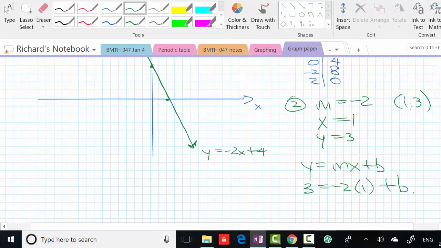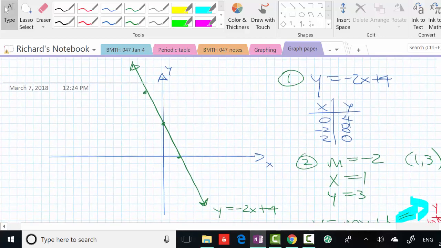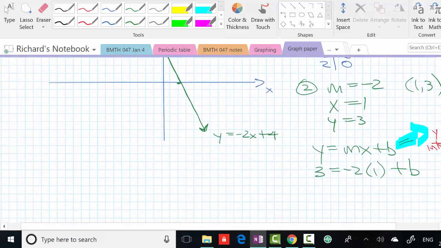Now I'm going to calculate b. Remember this, b is the y-intercept. That's the value that y has when x equals 0. So for equation number 1, for example, the y-intercept is 0, 4, because that's the point at which the graph touches the y-axis.